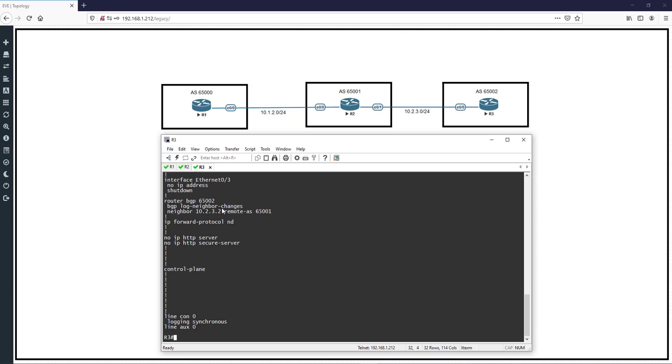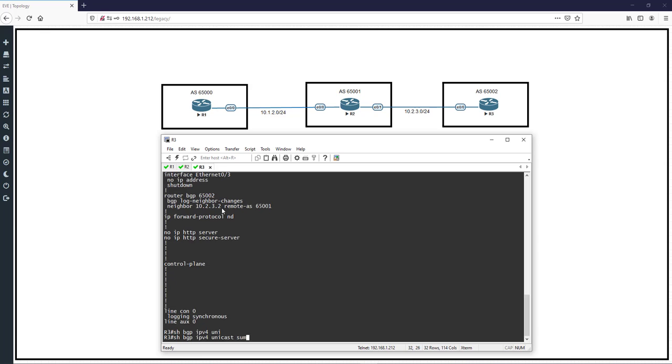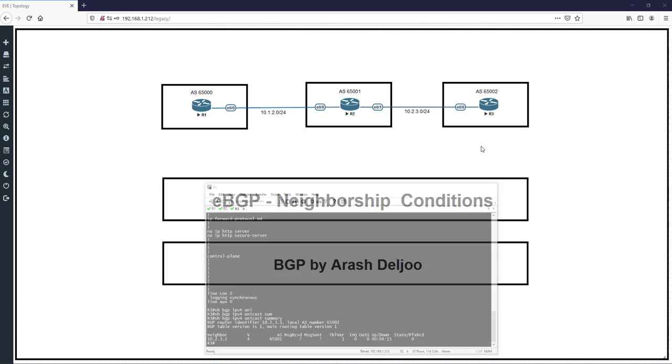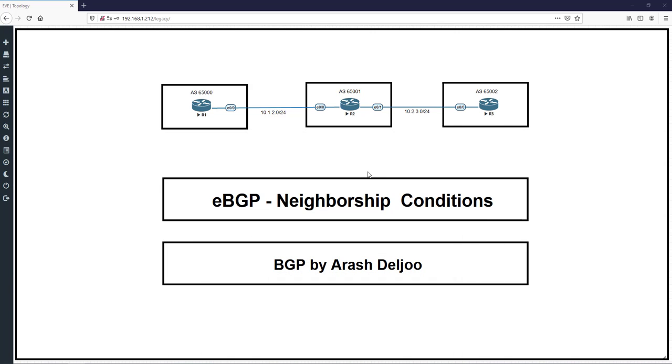Finally, in R3 show bgp ipv4 unicast summary. Okay, R3 now has a neighborship with R2, but the question is what conditions should be met so that a neighborship can be established, and after that we can use that neighborship.